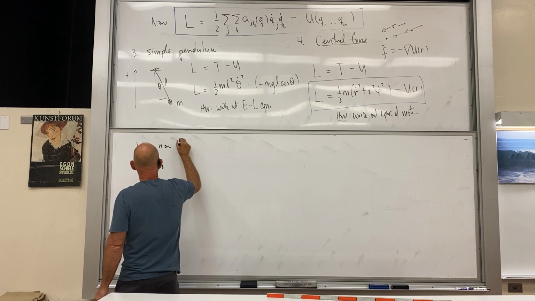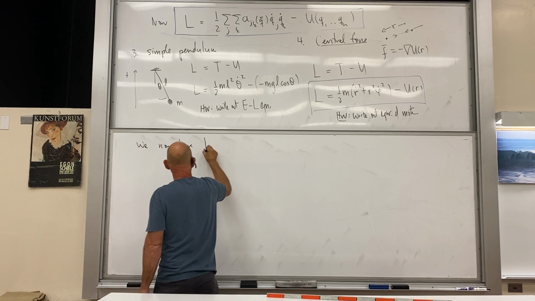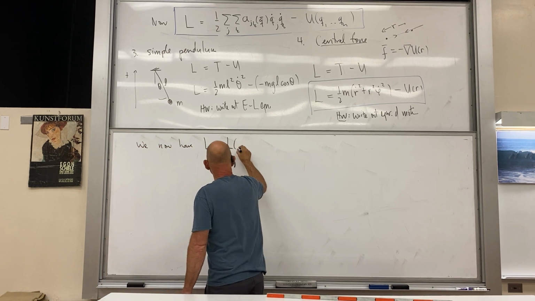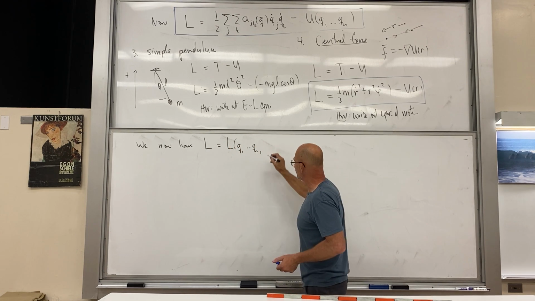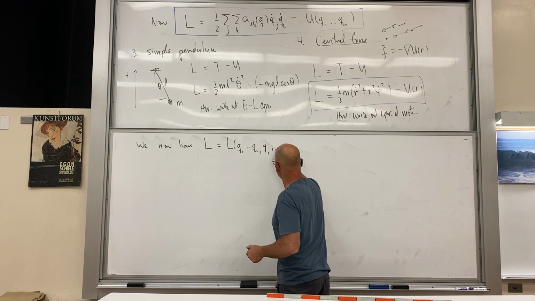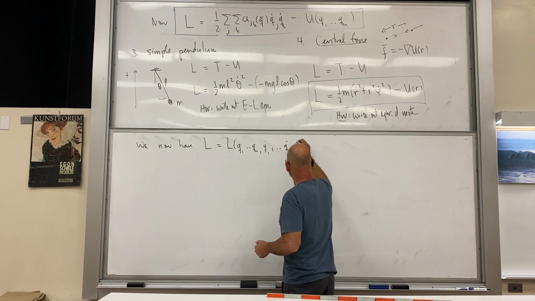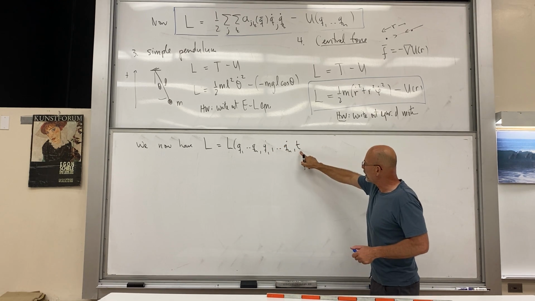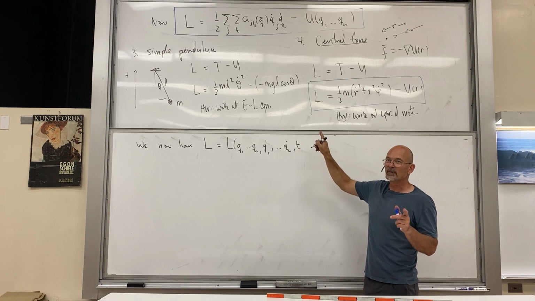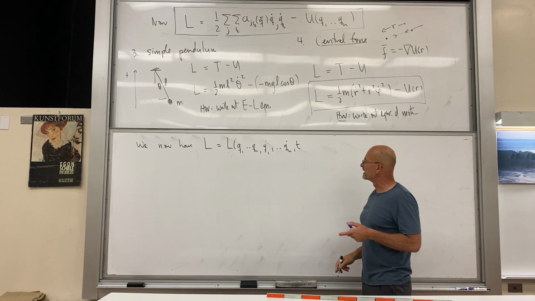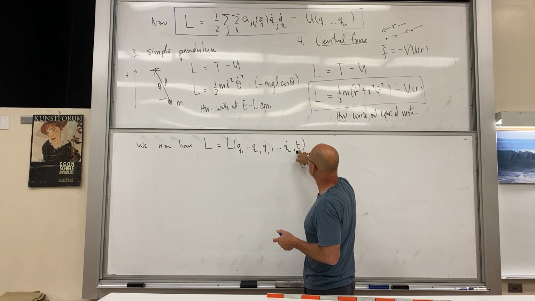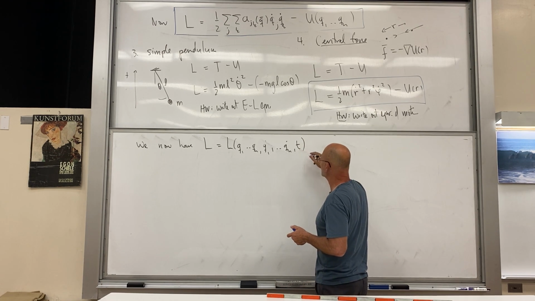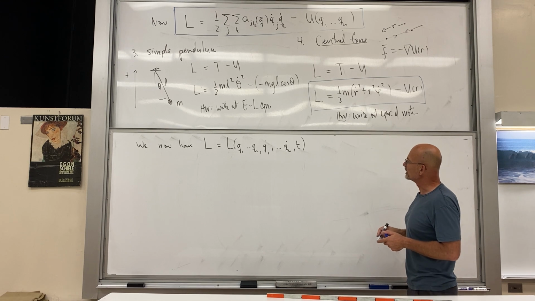We now have L is a function of Q1 to Qn, our generalized coordinates, Q1 dot to Qn dot. Potentially also T, although we probably won't do any time dependent Lagrangians this semester, but we can. They're important to keep in mind. So that's the form of the Lagrangian we have.